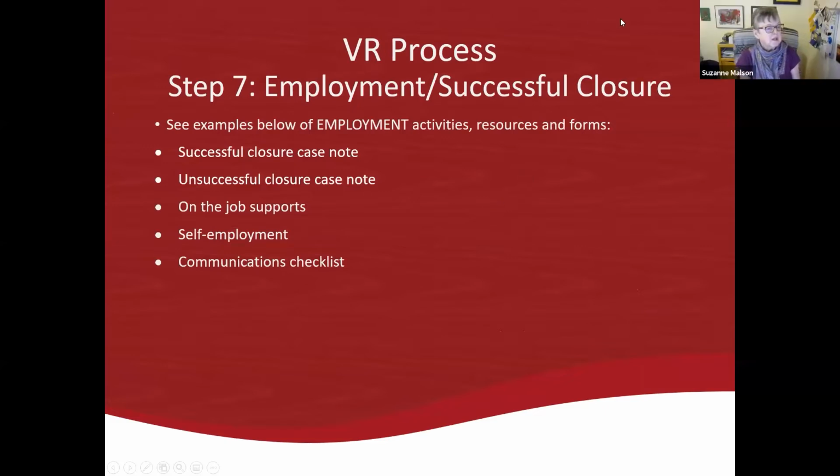We're looking at employment successful closures. So we have a chart below of employment activities, resources, and forms. So we're looking at successful closure case notes, unsuccessful closure case notes, on-the-job supports, self-employment, and communication checklists. If you have a checklist, I find that when I don't have something that I can check off, two things happen.